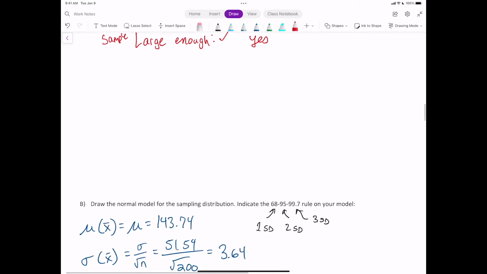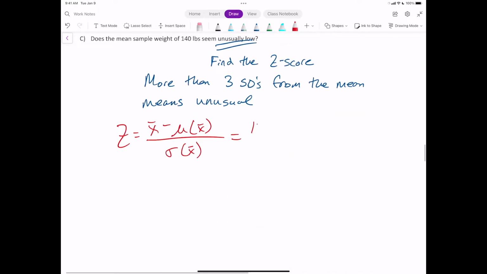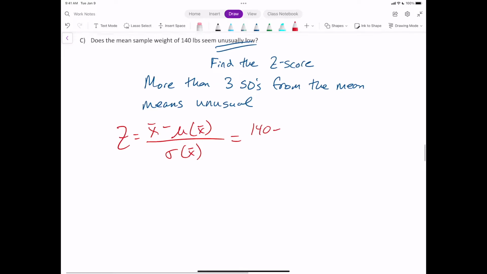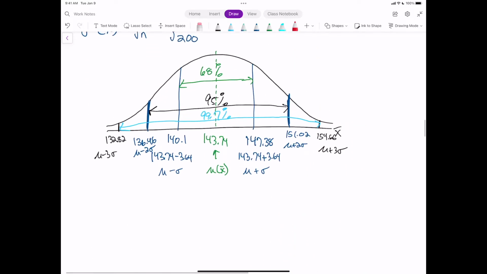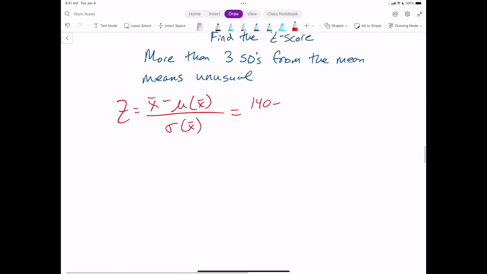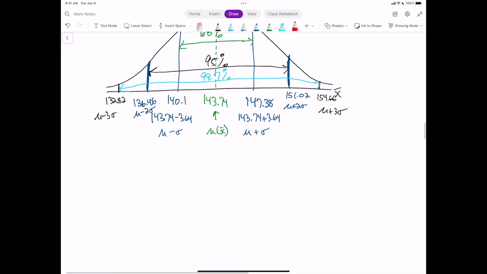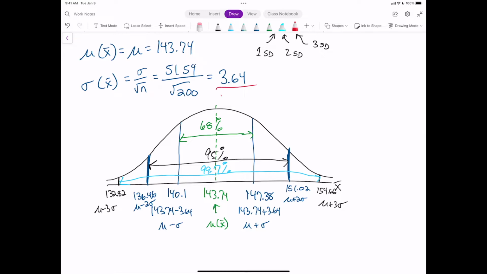So we take 140 minus the mean of the sampling distribution, which is the same as the population mean. We said that was 143.74. And we divide it by the standard deviation for the sampling distribution, not just the regular standard deviation. That's why we use 3.64. Remember, that was our standard deviation for our sampling distribution.